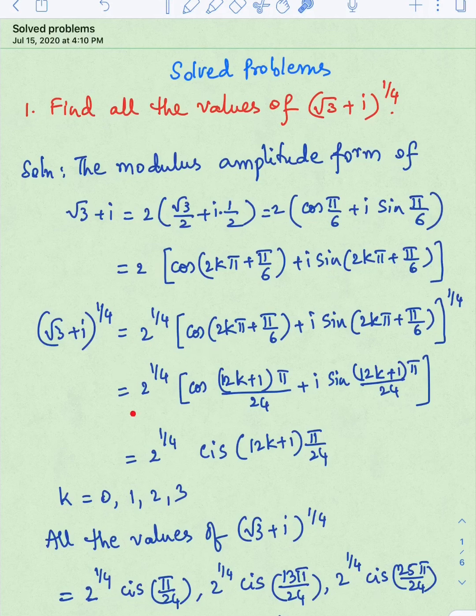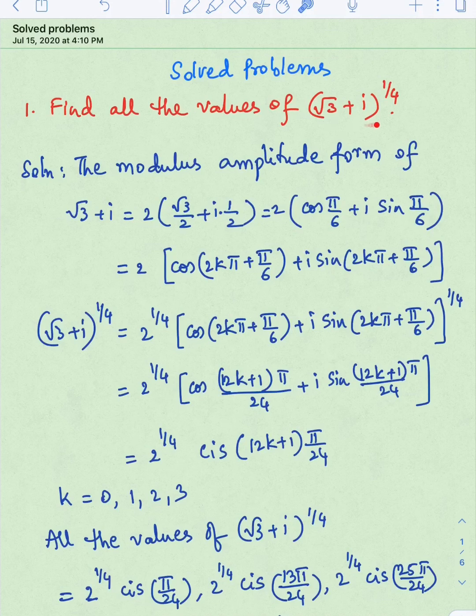Here also. So 2 power 1 by 4, it will become cis (12k plus 1) pi by 24. And this is the form of the value of this (root 3 plus i) power 1 by 4, where k is equal to 0, 1, 2, 3.